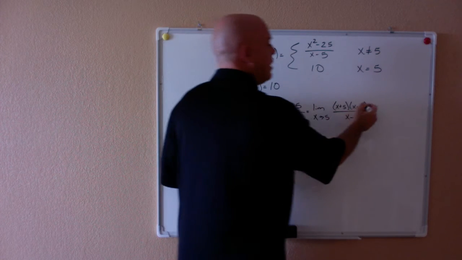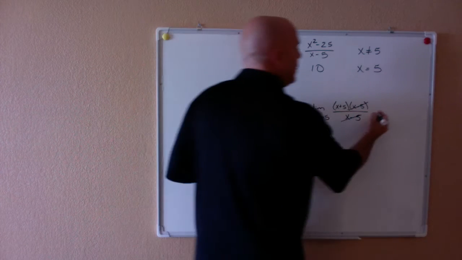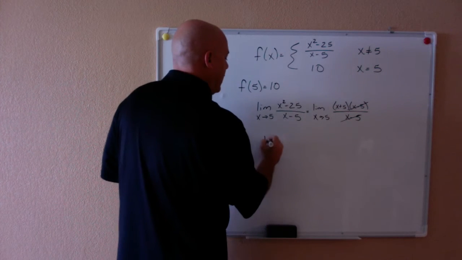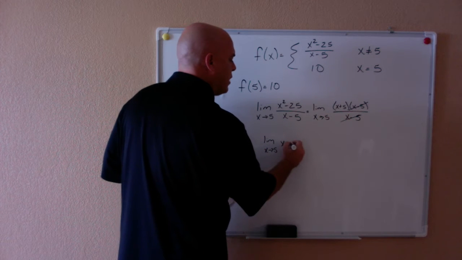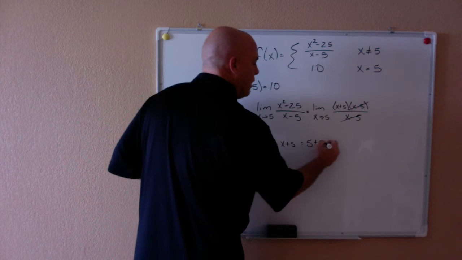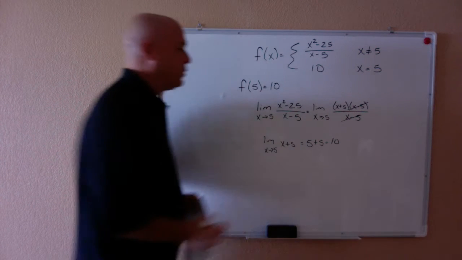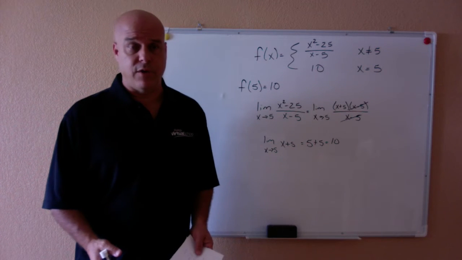Just like all our previous examples, the x minus 5s will cancel, leaving me with the limit as x approaches 5 of x plus 5, which I can evaluate now. That's 5 plus 5, which is 10. So the two-sided limit does exist, and the second condition is satisfied.